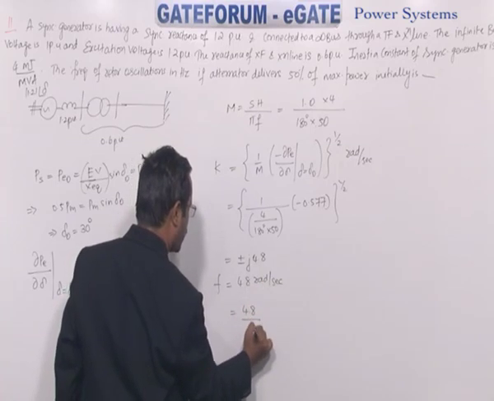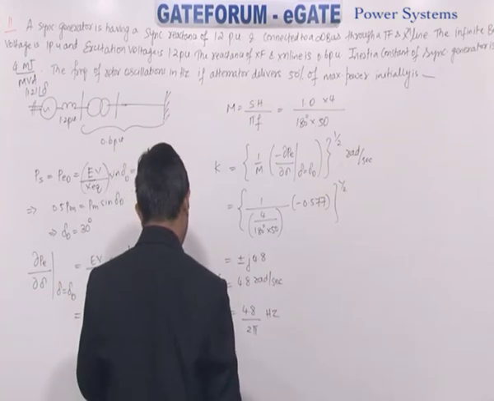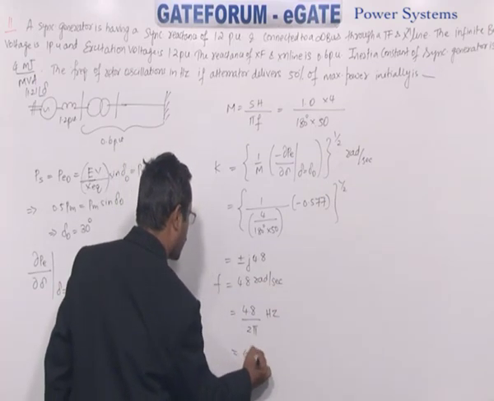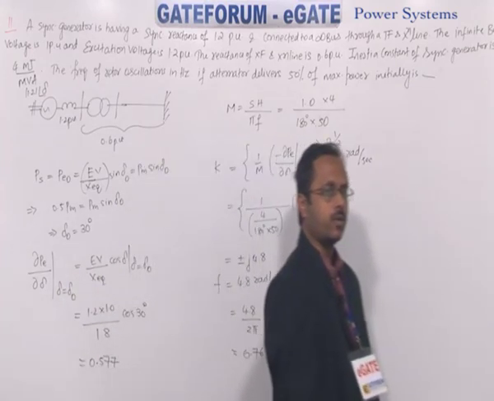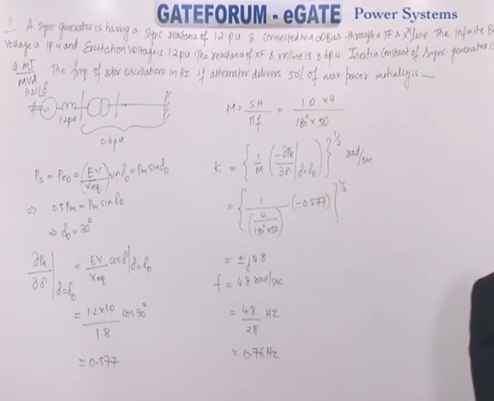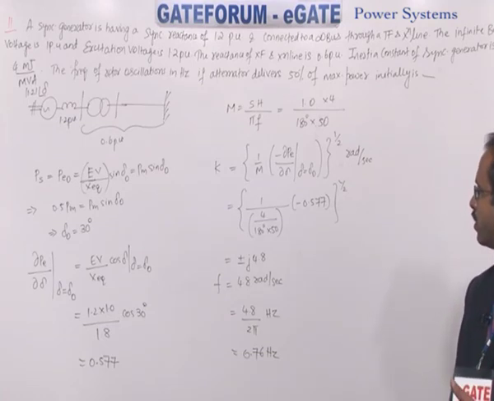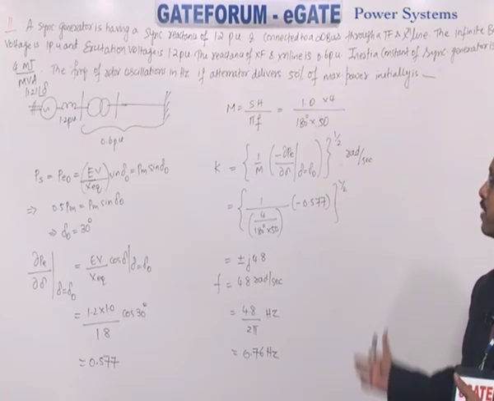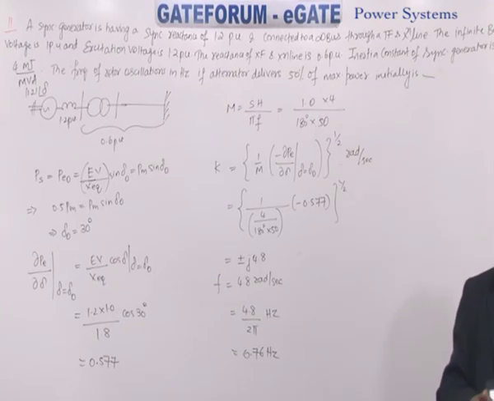Divide with 2 pi, you get the answer in hertz. How much on dividing with 2 pi? You get 0.76 hertz. So when the rotor is delivering 50% of initial power initially, the frequency of rotor oscillations is 0.76 hertz.